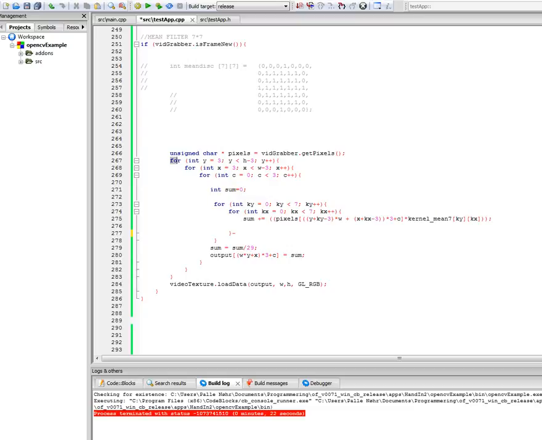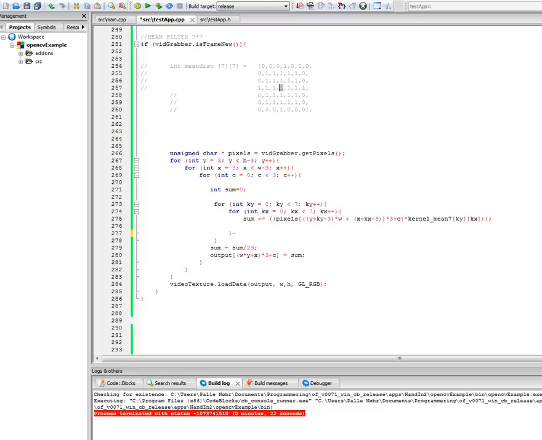So basically we look at a certain pixel from our webcam, and then we say in our system that we want the sum of that pixel to be the kernel mean, which is this pixel that is in the kernel.